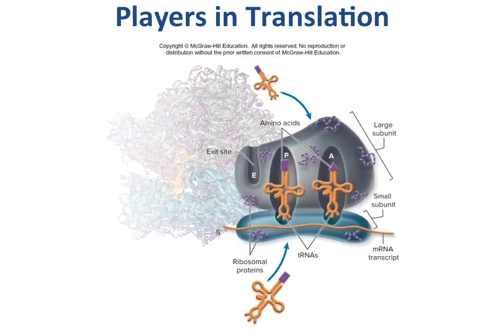We can see here in this diagram that the small subunit binds with the messenger RNA, and the big subunit binds with the tRNA, because tRNA is used for transporting amino acids. Once they bind with the tRNA, they can provide amino acids to make the polypeptide chain.